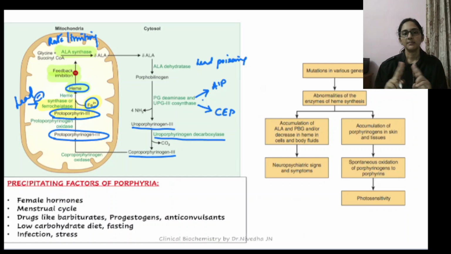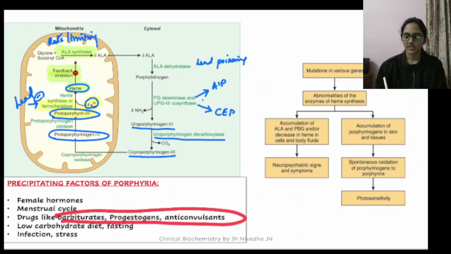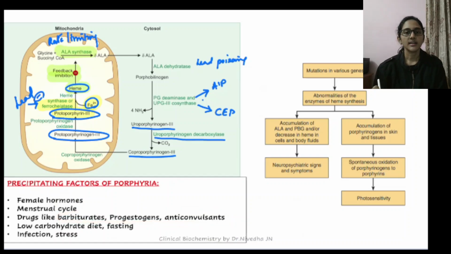So in between these two periods, the symptoms are both. That's because of the precipitating effect of your female hormones, menstrual cycle, and drugs like your barbiturates, progestogens, anticonvulsants. So in OCPs, birth control pills or oral contraceptive pills, the main content is going to be your progestogens, right?